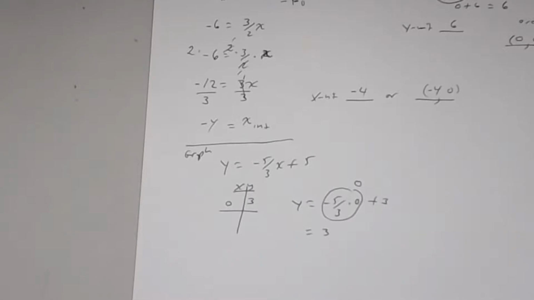So be strategic here. What numbers for x are you going to choose? Numbers that are divisible by the denominator. What's the denominator? 3. So like 3, negative 3, 6, negative 6, 9, negative 9, and so on. But always let x be that denominator. It makes things a lot easier for you.